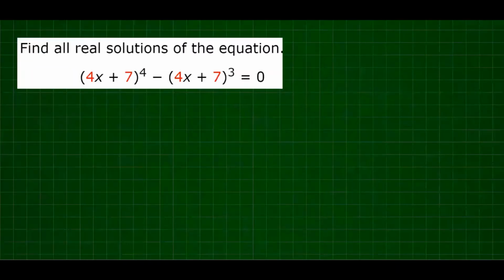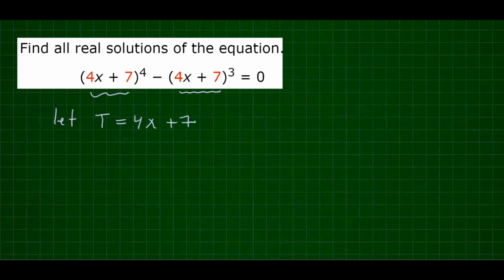So for this one, we will also use factoring method to find all solutions, but to make things look less complicated, we're going to use a substitution. So what I notice is that this is exactly the same as that. So why don't we introduce a variable and come up with a substitution? So we can say, okay, let some variable t replace 4x plus 7.